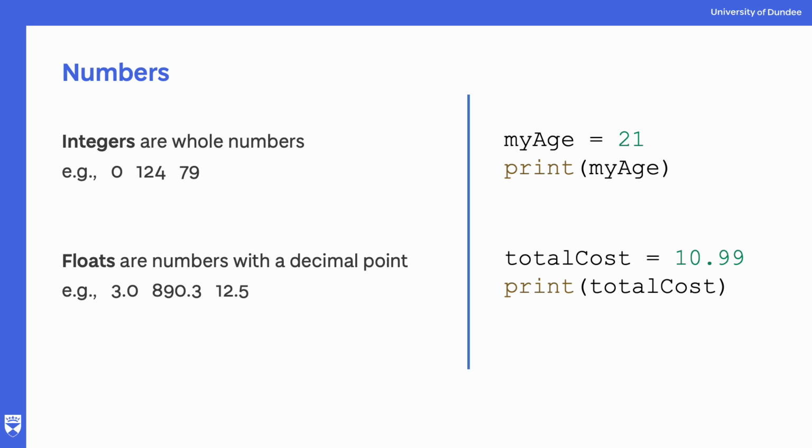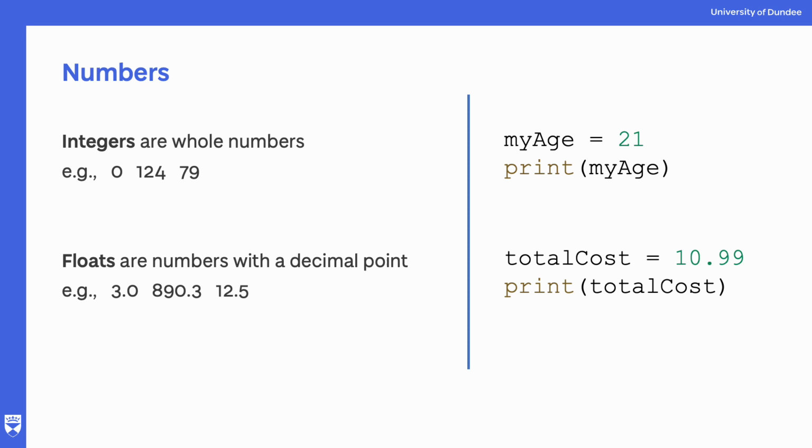I want that number 21 to behave as a number within my program, so that I can do calculations on it, add to it, subtract from it, etc. So I've created an integer, a whole number called my age, or I can use decimal numbers. In this case, something like money, total cost is £10.99.